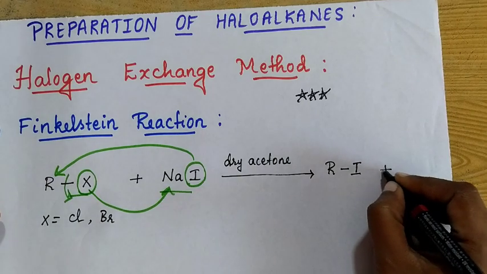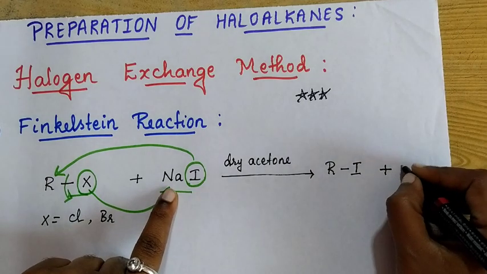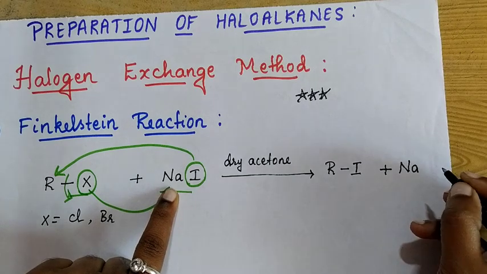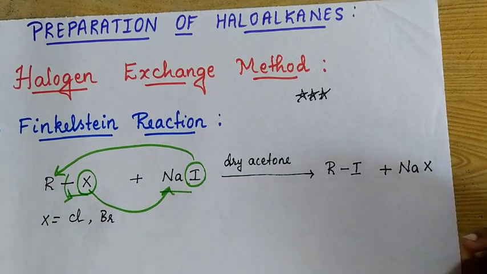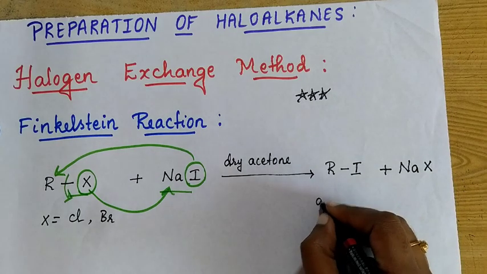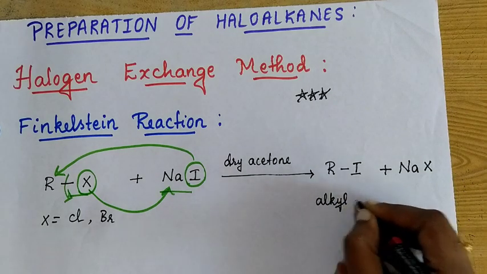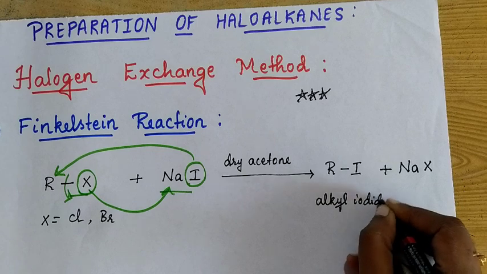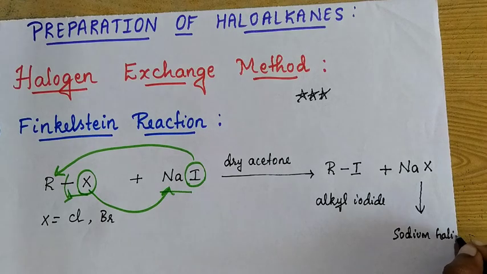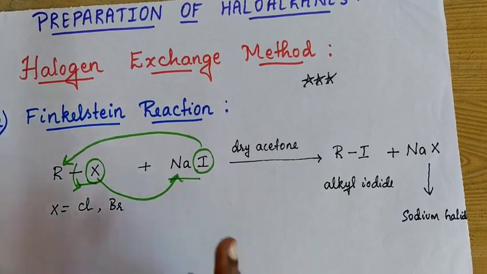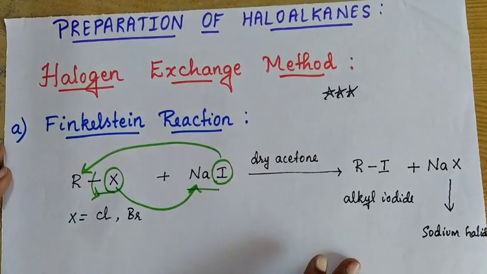In the other methods, we discussed that iodine gives reversible reactions. So this is a very good method for preparing alkyl iodide. And what is left now? We are left with sodium bonded with X, which can be either chlorine or bromine. So we got alkyl iodide, and the other byproduct is sodium halide. This is the general reaction of the Finkelstein method for the preparation of haloalkanes.